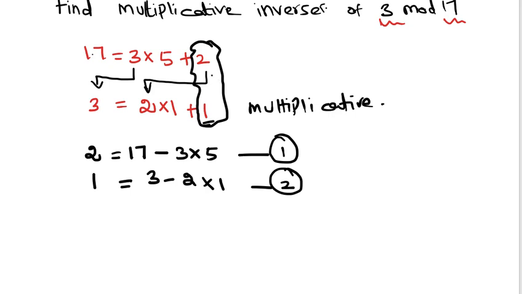Considering these values I am rearranging these expressions. In some examples, using two expressions you get the remainder 1 here. In some examples the expressions go on for 3 or 4 equations before you get the remainder 1.